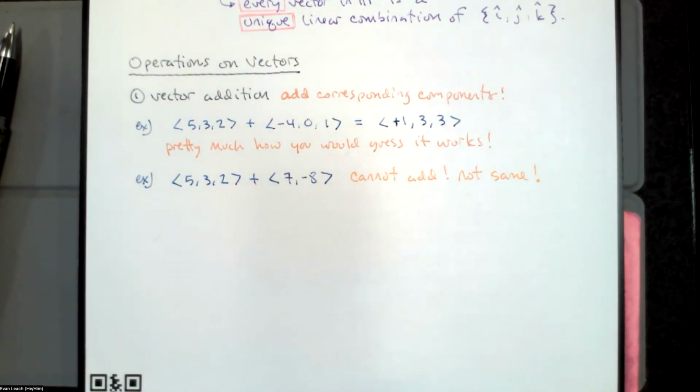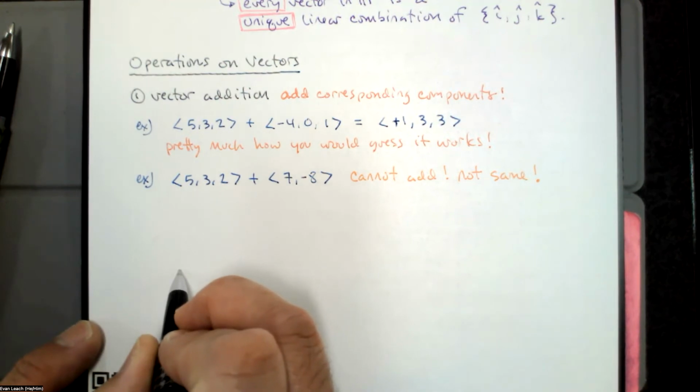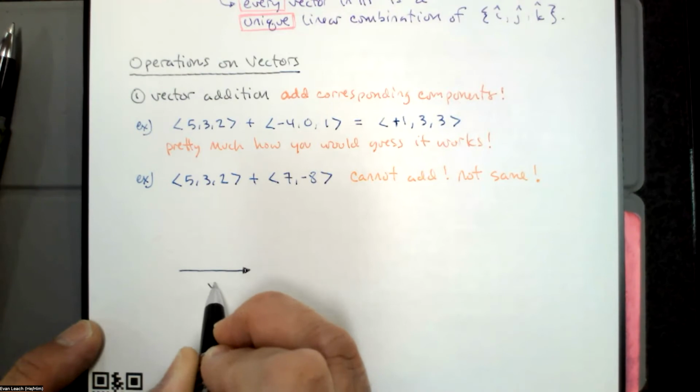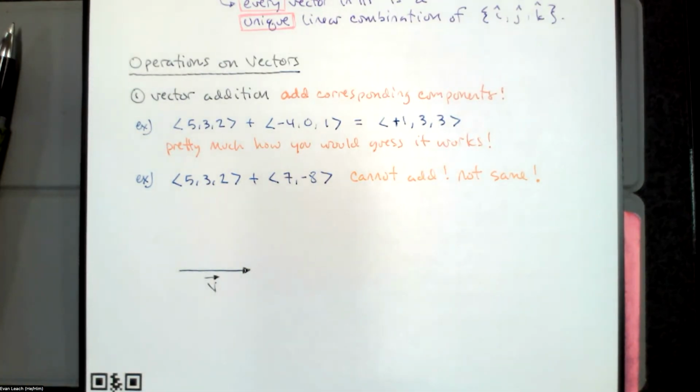We also want to be able to visualize vector addition. So if I add two vectors, if this is the vector v, and I want to add this to a vector w, what we do is we just put them end to end.